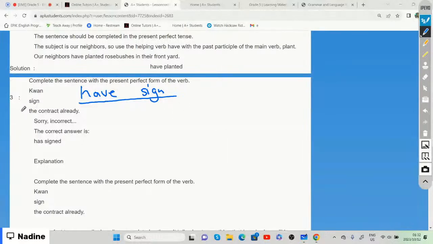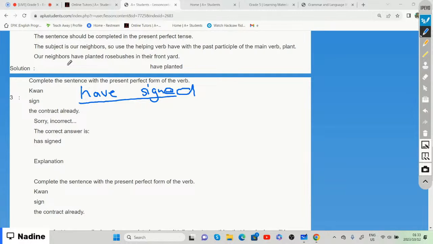Now we're going on to the next one, which is Kwan signed the contract already. And we said have signed. So have planted is correct, and the next one is have signed.